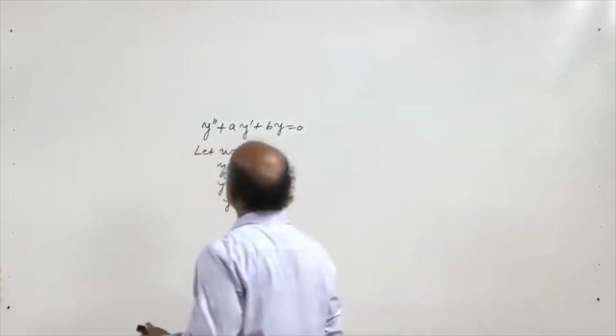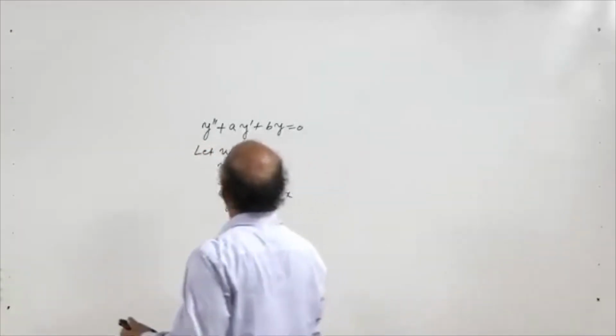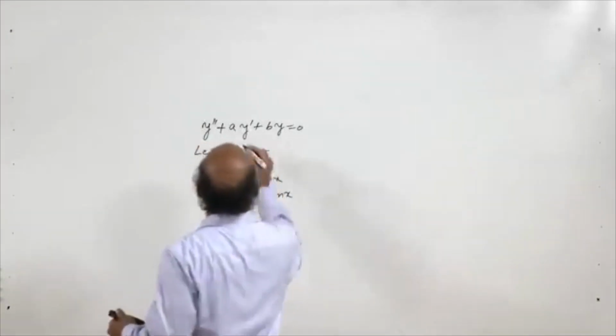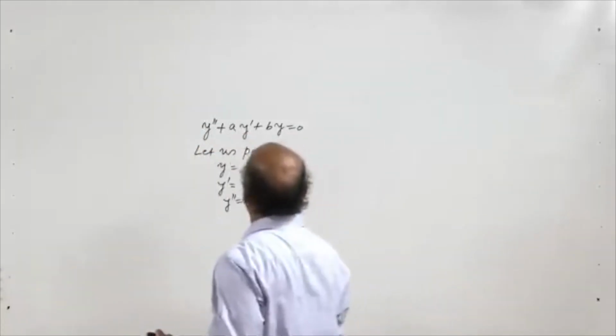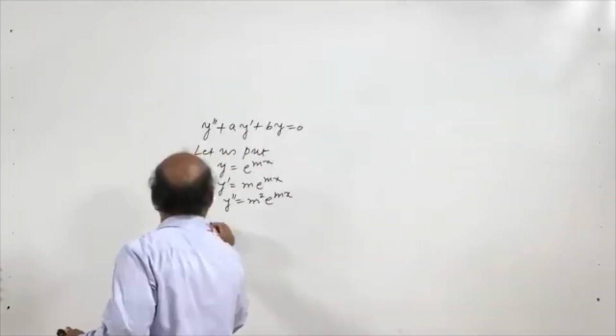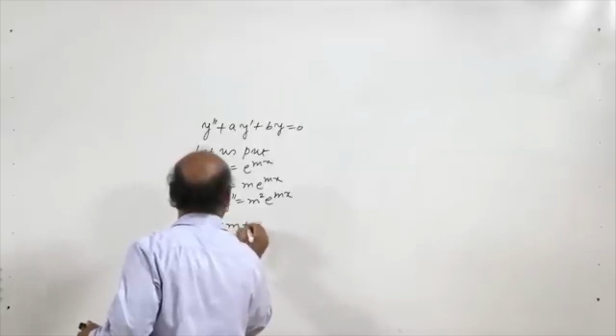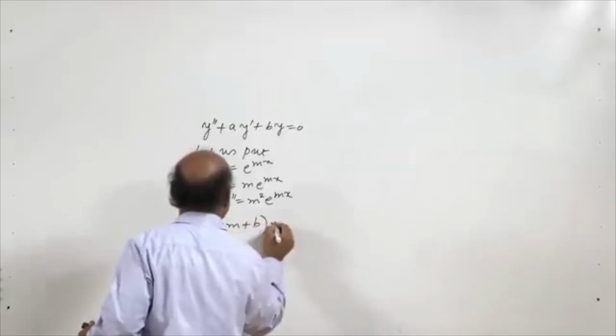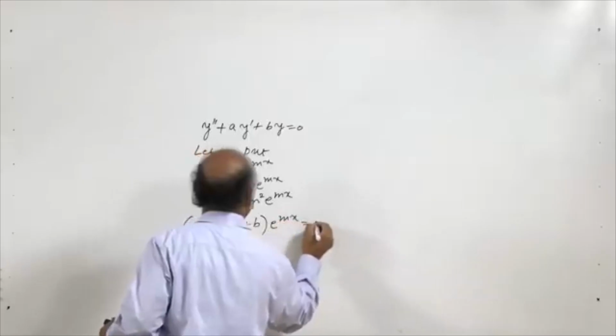So substituting the values of y dash and y double dash in the equation y double dash plus a y dash plus b y equal to 0, we get m square plus am plus b into e to the power mx equal to 0.